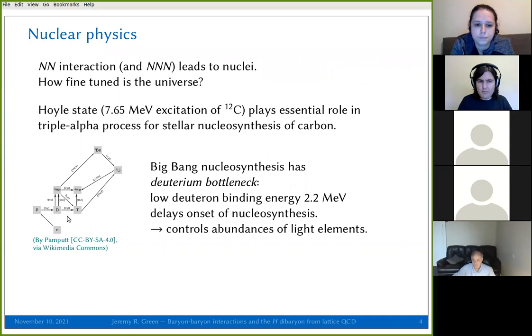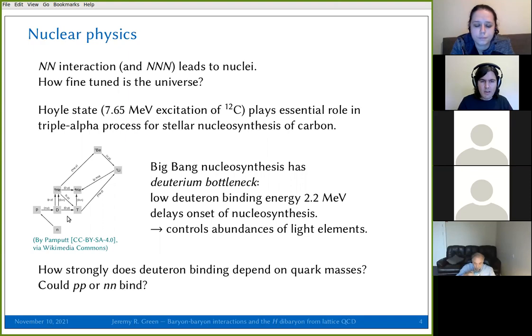This really controls the abundances of the light elements. So a question we could ask is, how strongly does the deuteron binding energy depend on the quark masses? And could there even be other bound states, like a dineutron state? By doing calculations from first principles, you can see how fine-tuned things are, and whether, if the quark masses were a little bit different, the universe would look quite different.